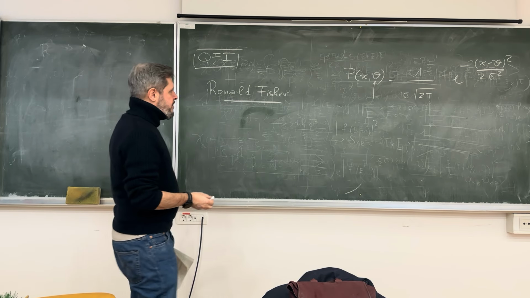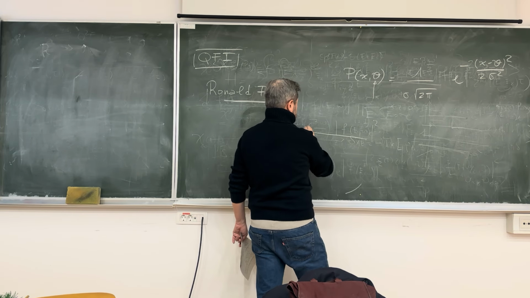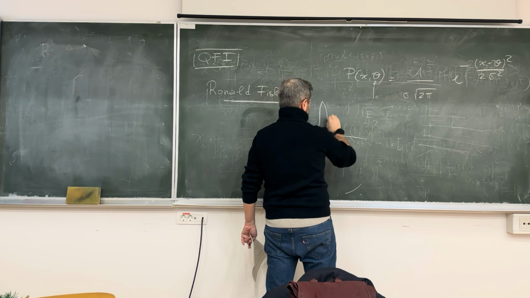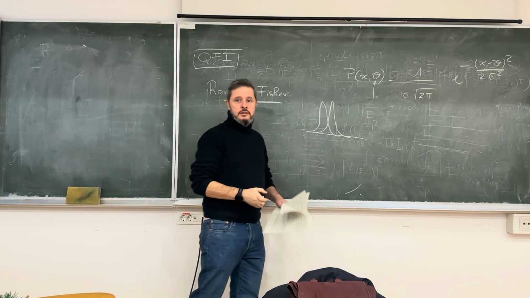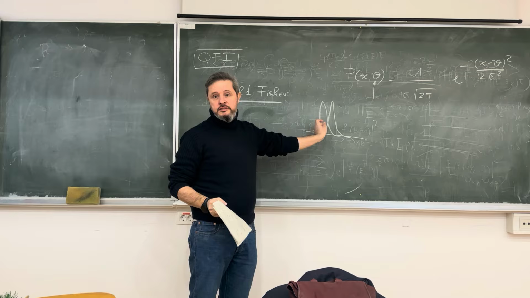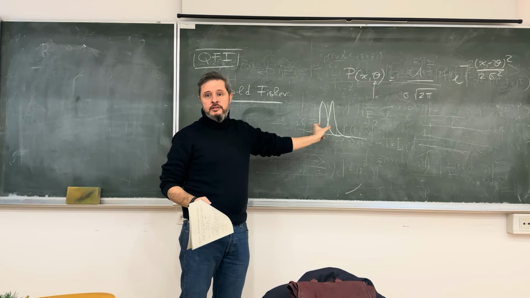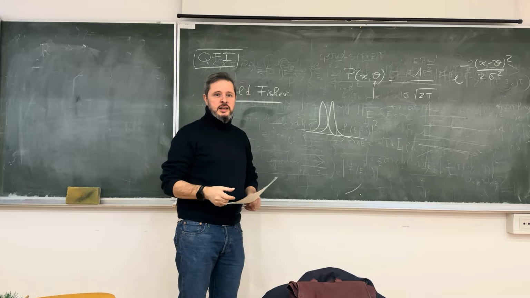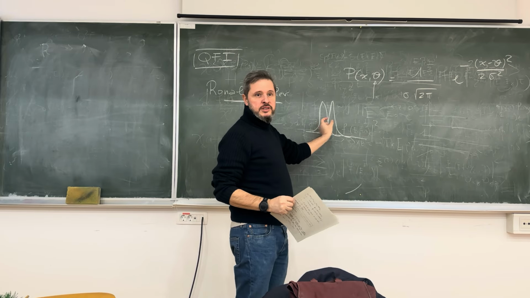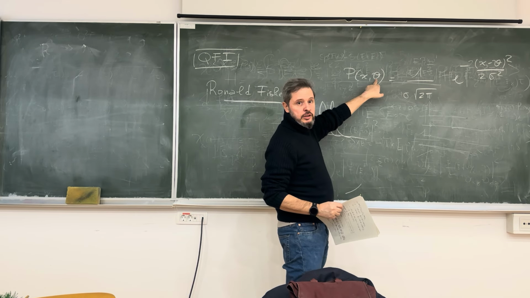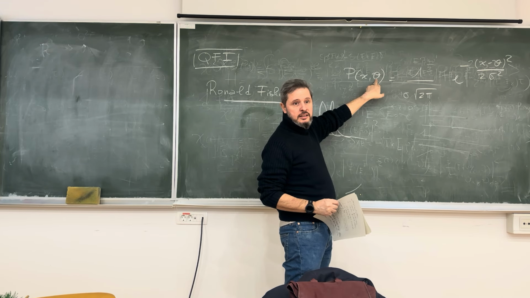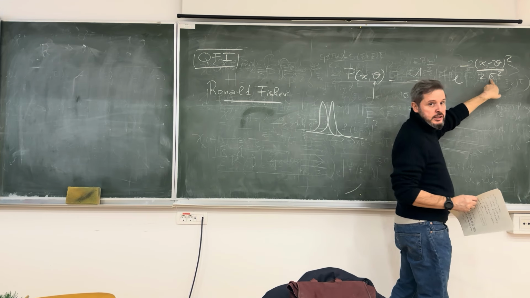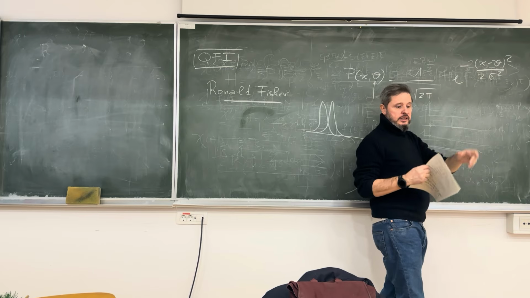And it's clear that since you can distinguish two Gaussians only if the centers are farther away than their width, think about a bunch of data, right? A bunch of points. It's clear that the best precision with which you can determine theta is going to be set by the width of the Gaussian itself.